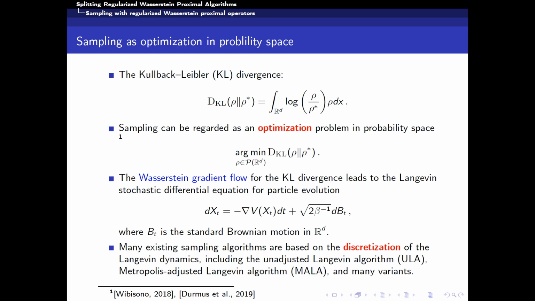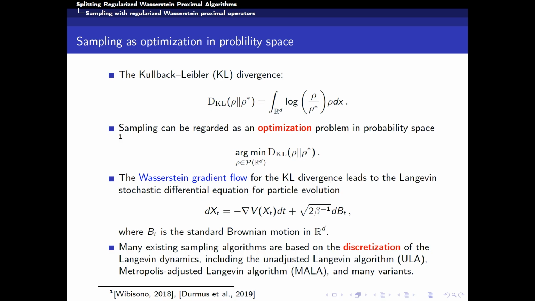Once we think about it this way, one natural thing is to think about the Wasserstein gradient flow of this KL divergence, which is classical. We know that the Wasserstein gradient flow of the KL divergence gives us a stochastic differential equation. We have a drift term, which is a gradient, and also a Brownian motion term over here, which gives us the diffusion.